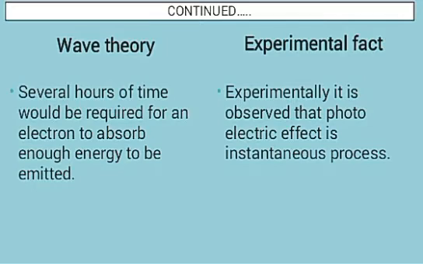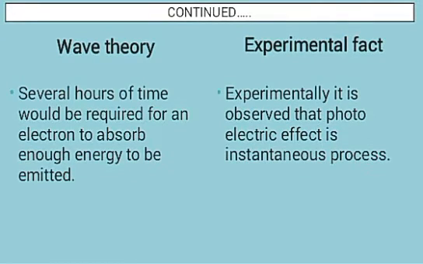Because when light falls on metal, energy of the wave is distributed among all electrons. Hence, the time taken by each electron to absorb enough energy is more.